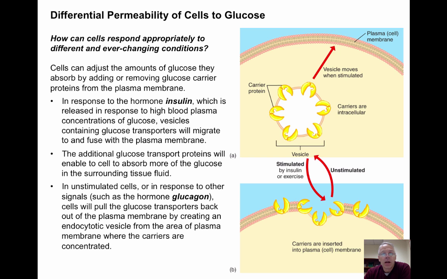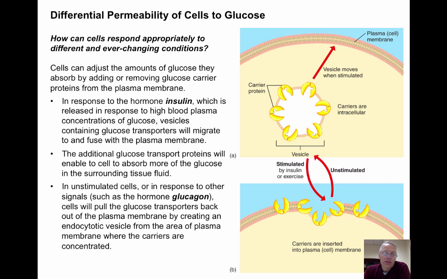But first, I want to look at a specific example. We did touch on this in class, but I wanted to make sure everyone understood because this is, for me, a really big deal. It explains how a cell can respond to the different environmental circumstances it has to deal with on a regular basis.